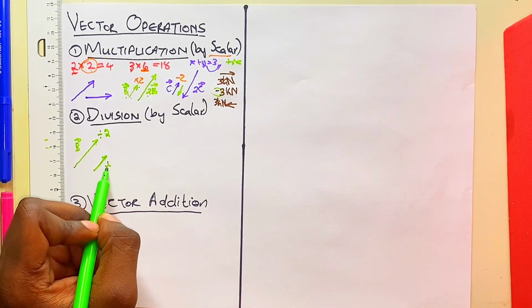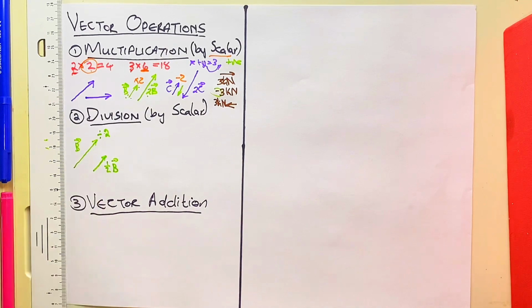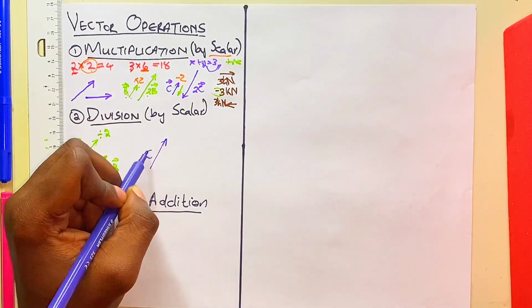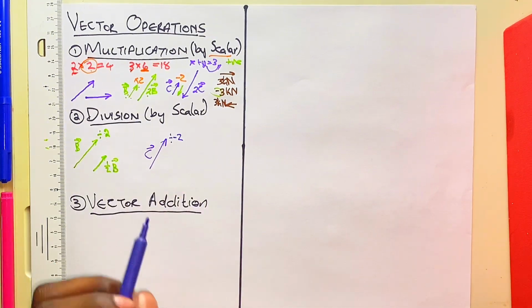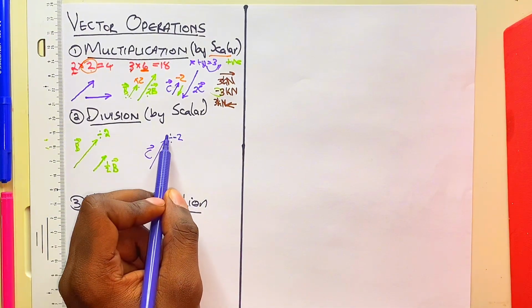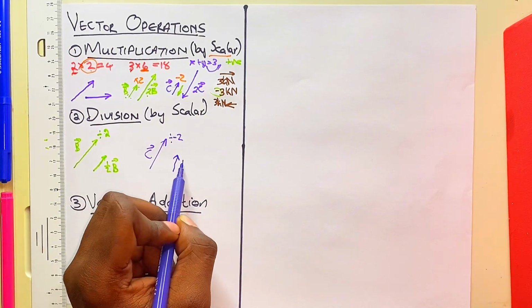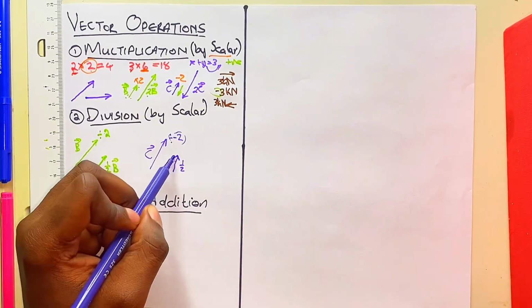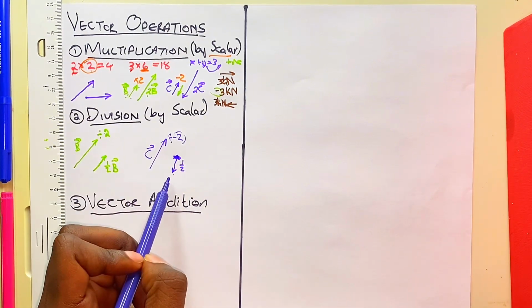It will now become half b, but in the same direction. But if you had c going that direction and you divide it by -2, then because you divided it, it will become smaller by a factor of 2, but because the 2 was negative, it will change direction. The negative always changes the direction.